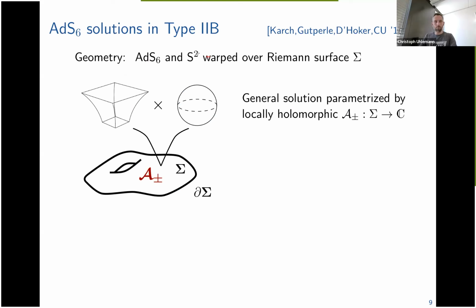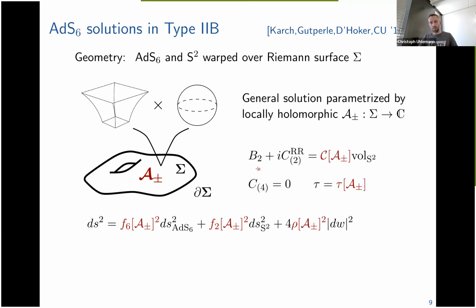Generally, the geometry created by the 5-brane junctions contains an AdS6 and an S2, representing 5D conformal symmetry and an SU(2)_R symmetry. And they generally take the form of a warped product over a 2-dimensional Riemann surface. Going ahead then and solving the BPS equations in type IIB supergravity with the requirement that we want 16 supersymmetries gives me an entire class of supergravity solutions which are expressed in terms of a pair of locally holomorphic functions, A±, on this Riemann surface over which everybody is warped.